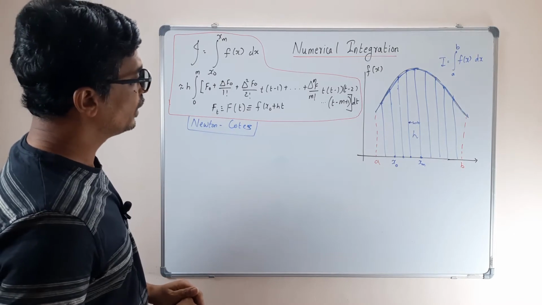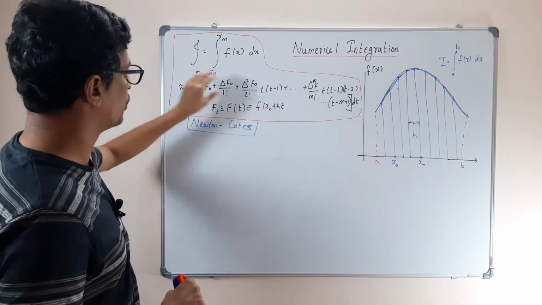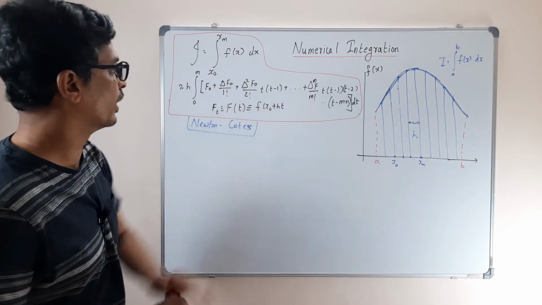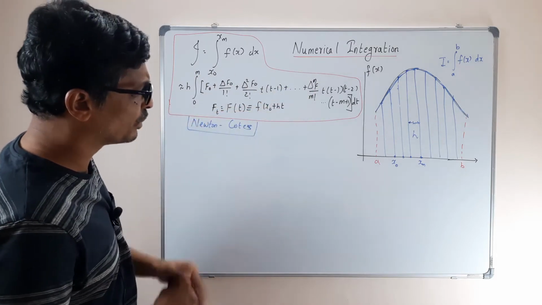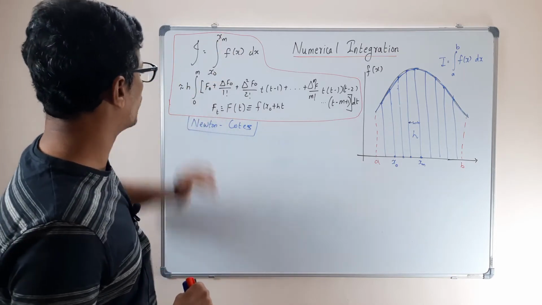Fine. Before we go into finding out how to integrate this polynomial, where I am going to truncate all those things, let us try to find out what the typical error in this Newton-Cotes formula should be.